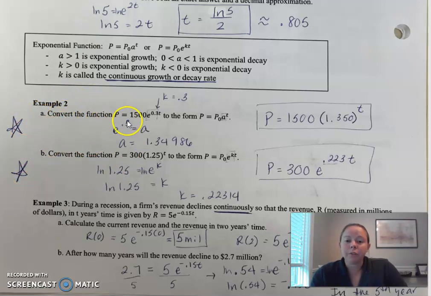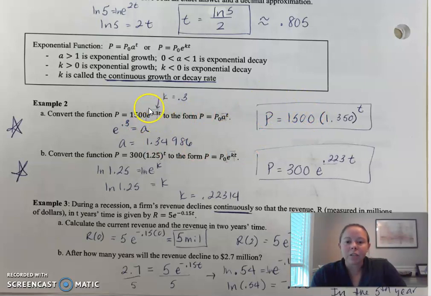Convert the function P equals 1500 e to the 0.3t to the form P equals P initial a to the t. Guys, just start with what's different. Notice they both have P initial in the same spot, so that's going to remain the same. 1500, nothing different.